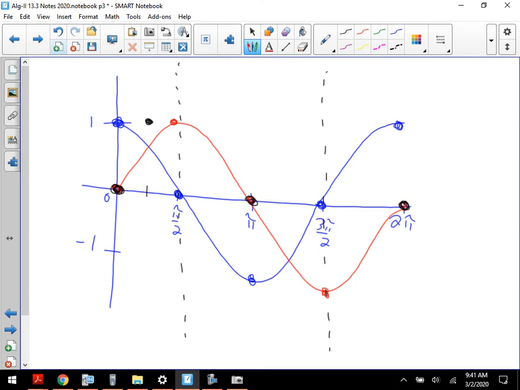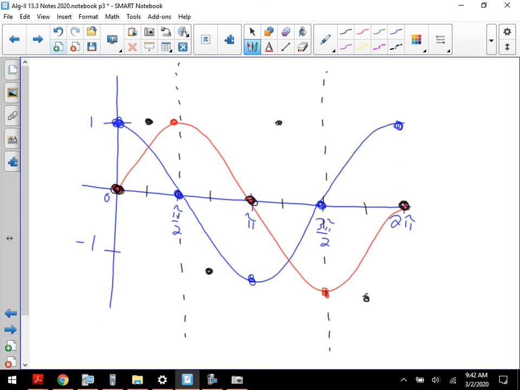It's negative. It's negative 1. In the third quadrant, then, it becomes positive 1. And then in the fourth quadrant, it goes back to being negative 1.